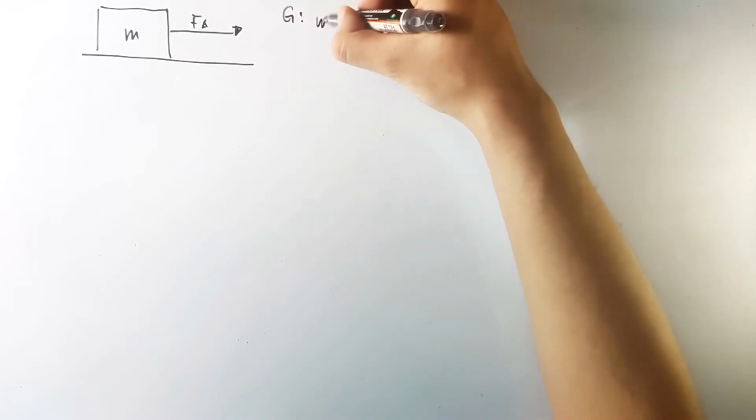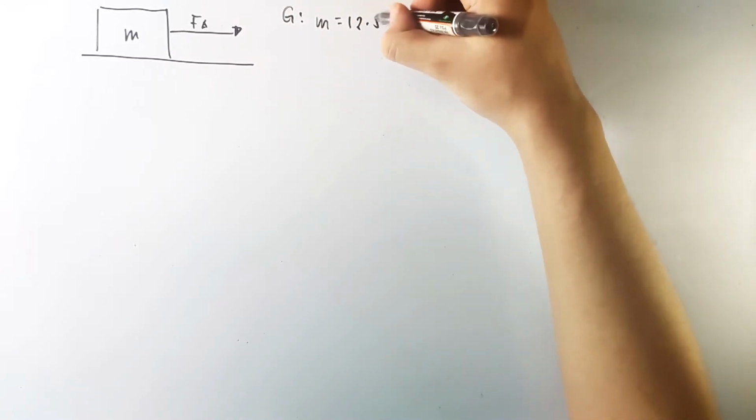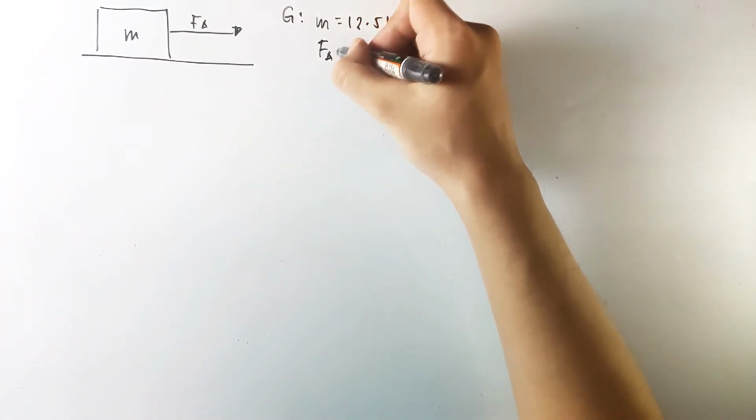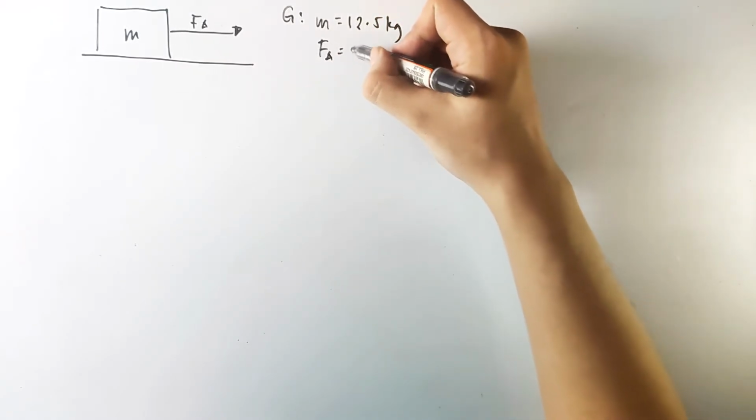So the givens are as follows. We have a mass of 12.5 kilograms. Our applied force is 350 newtons.